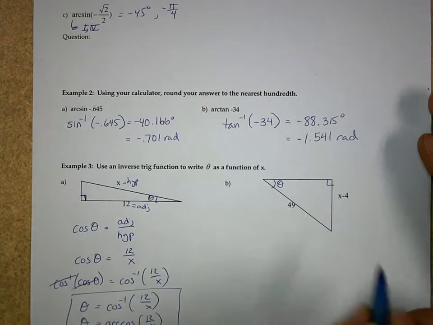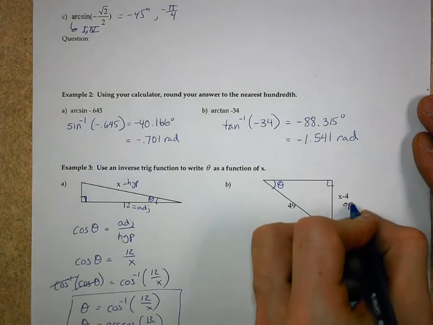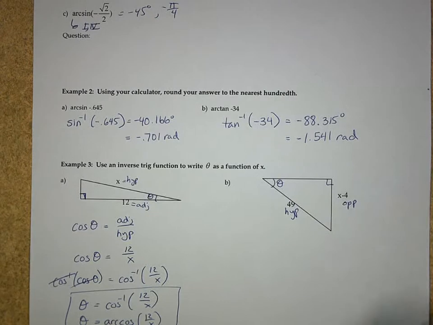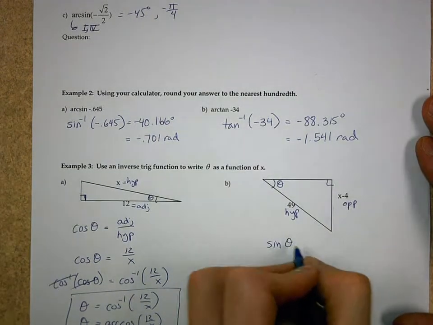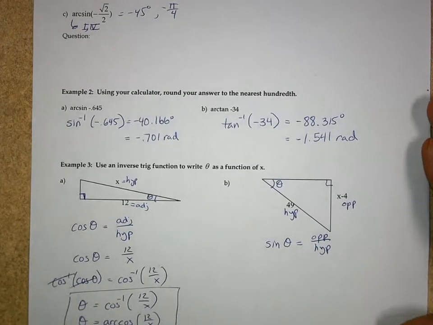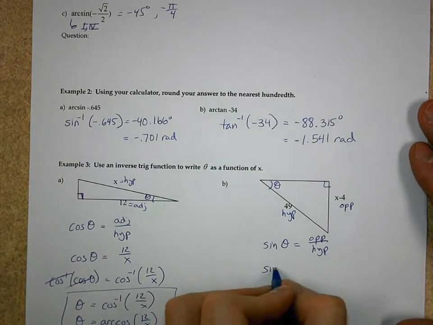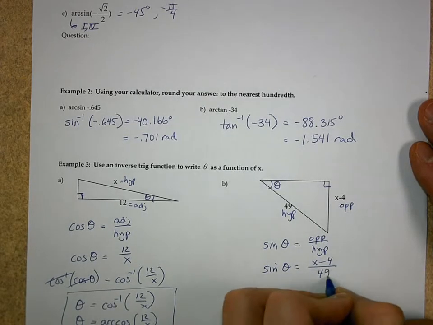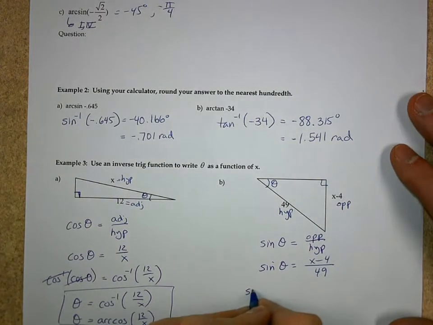The other example we've got, based off of theta, we've got the opposite side and we've got the hypotenuse. Opposite and hypotenuse is the sine. So the sine of theta is opposite over hypotenuse. The sine of theta is going to be x minus 4 over 49.